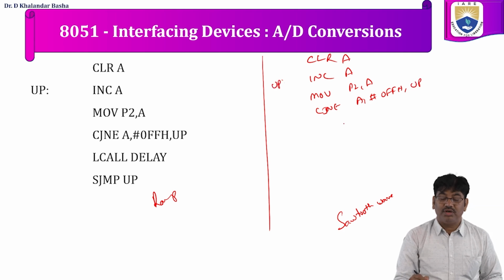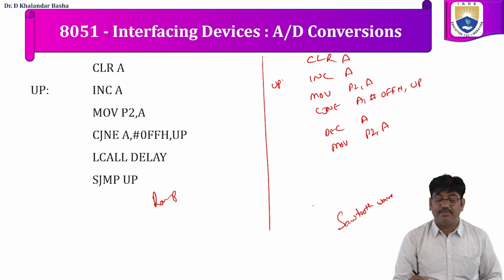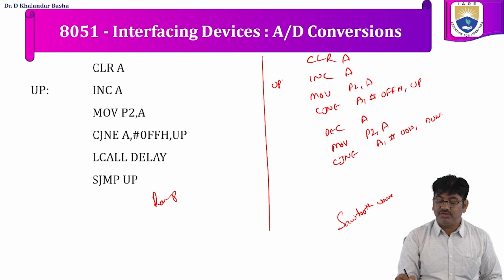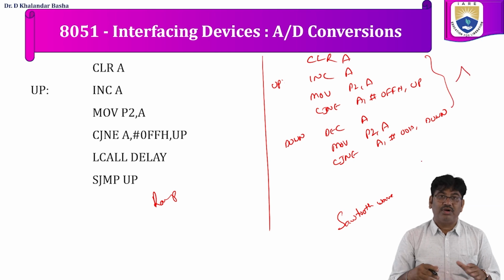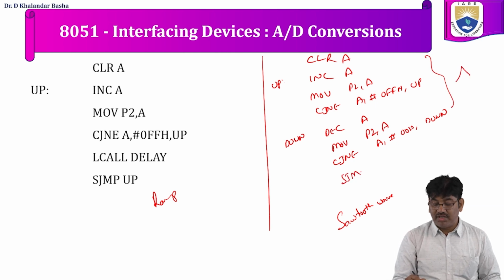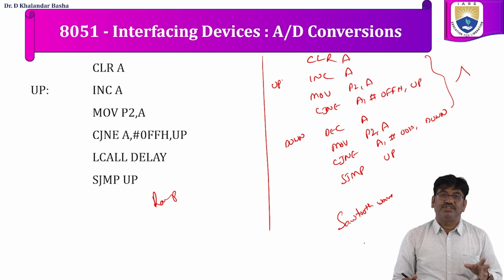Then if you want to go for the downside, then you go for decrementing accumulator, MOV port 2, accumulator, CJNE. Now we'll compare with 00H, else you go to down, where down will be placed here. So this entire program will generate one pulse. If I want a repeated pulse, then I can go for SJMP, again start from up.